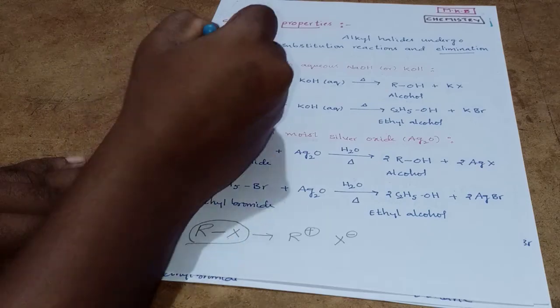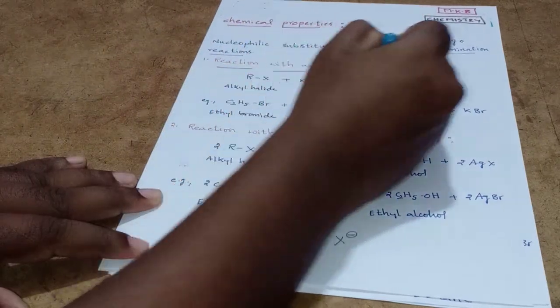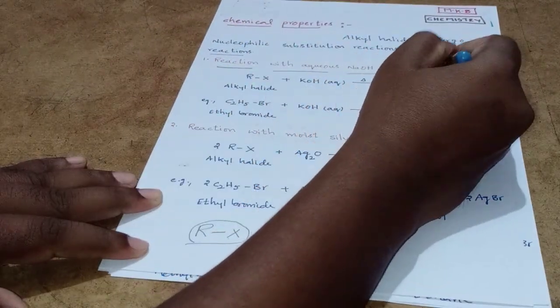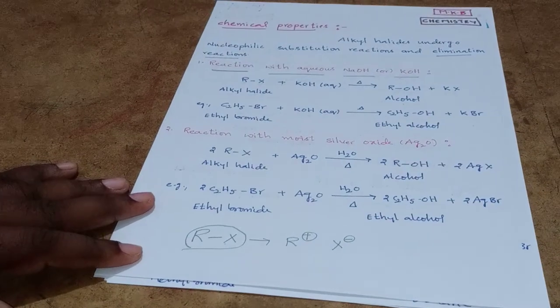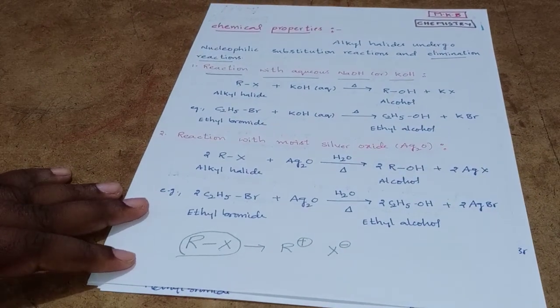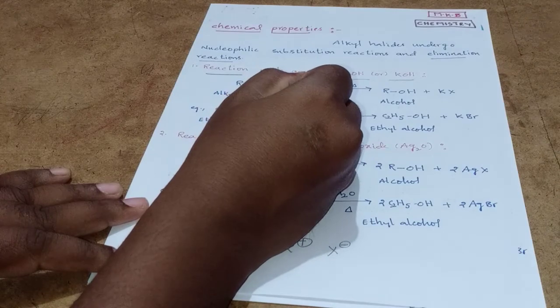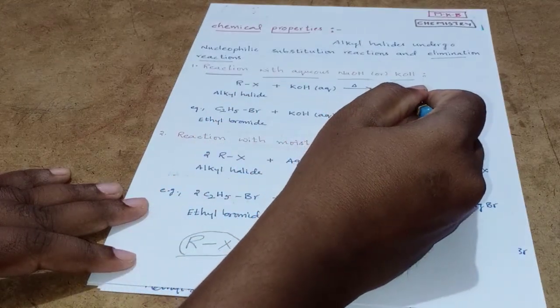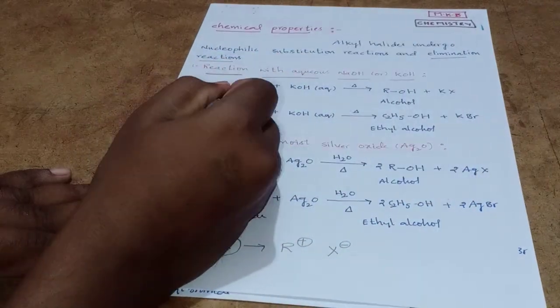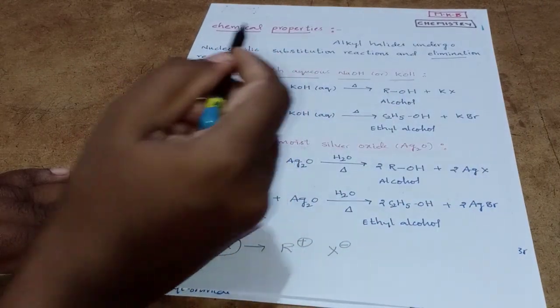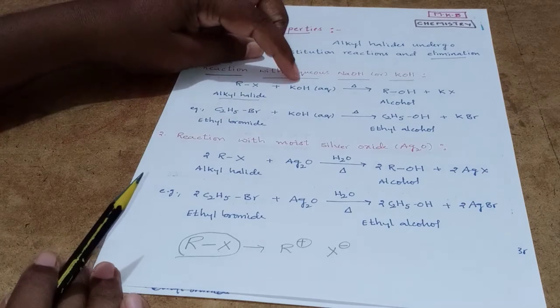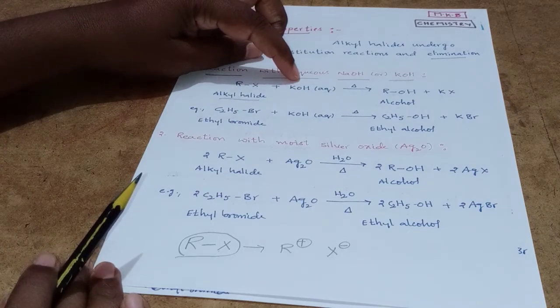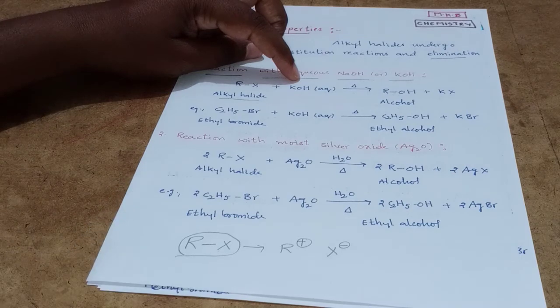The first one is the reaction with aqueous sodium hydroxide or potassium hydroxide. Aqueous is very important. This solvent plays a very important role in getting the product here. When an alkyl halide reacts with an aqueous base like potassium hydroxide or sodium hydroxide, a nucleophilic substitution takes place.